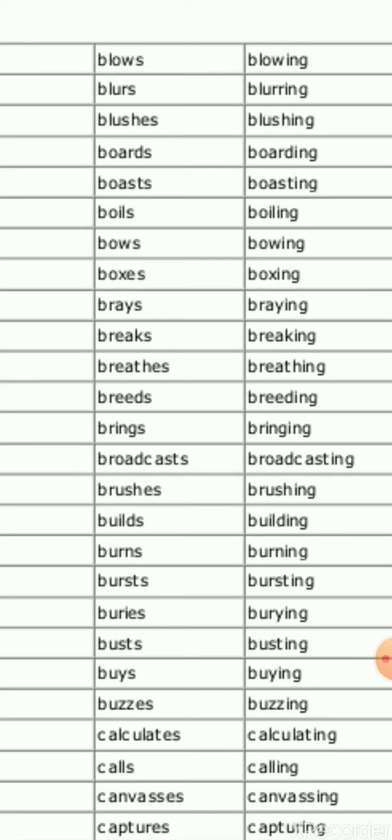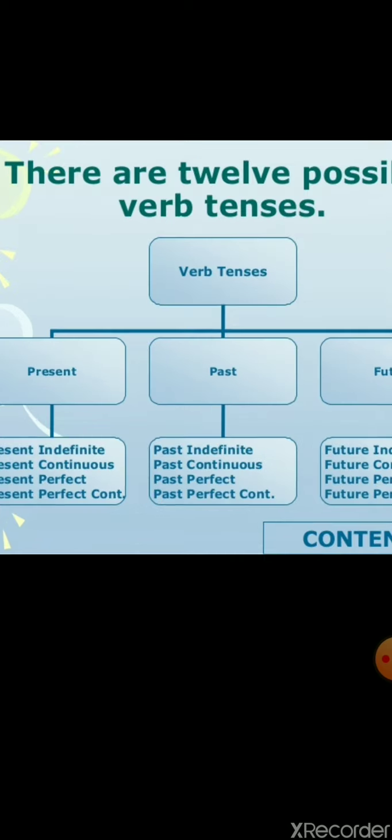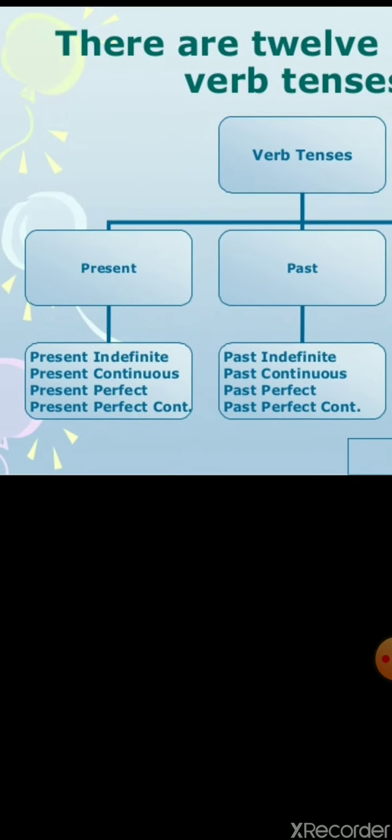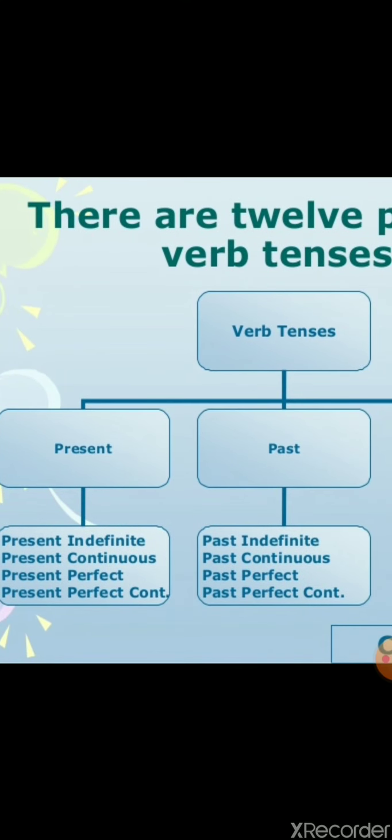Now let's move to the main task of the day, that is simple past tense. Okay, and the 4 aspects of past tense as well. Before I move on to past tense, there are 12 possible verb tenses as I explained to you. Present indefinite, present continuous, present perfect continuous, we have done already in our yesterday's lecture.